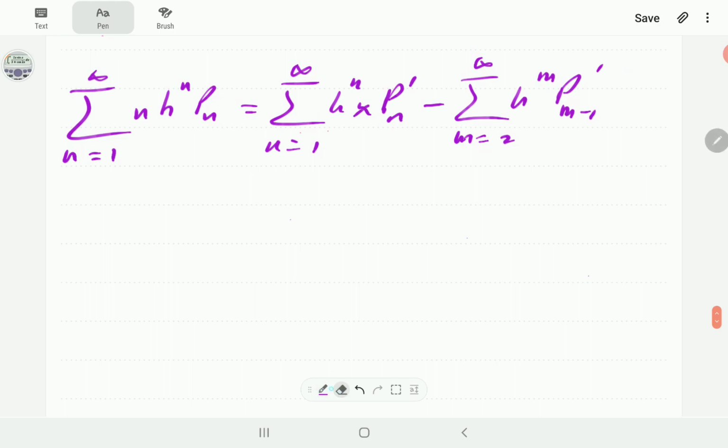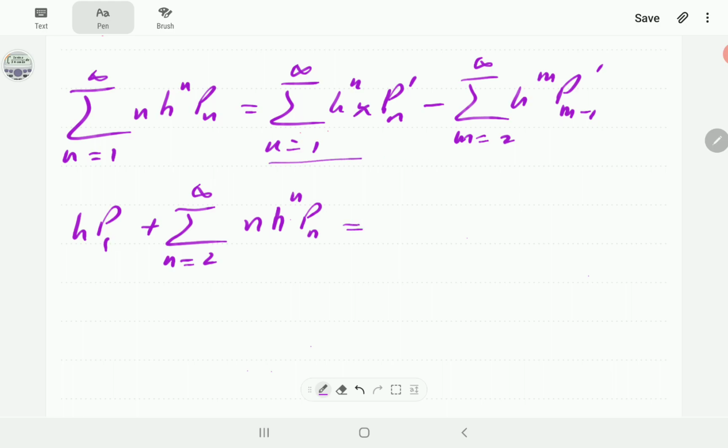So evaluating this term when n is 1 is simply going to give us h P1, and then plus that term, now summation term, summing from 2 of Pn, evaluating this one when n is 1 is going to give us xh P1 prime.